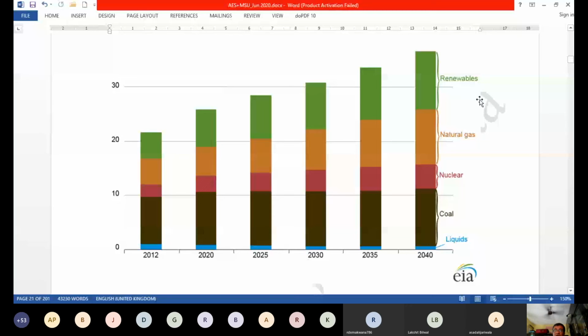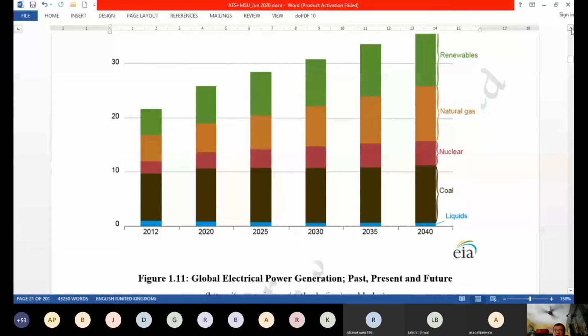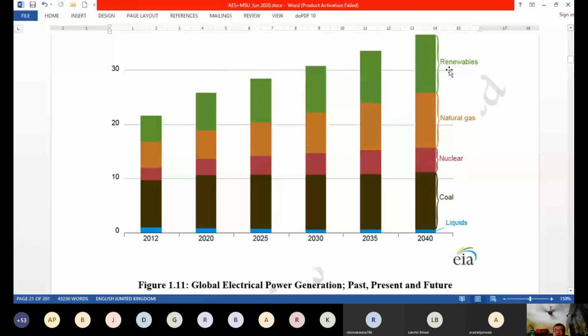So as you can see, in future renewables will play more and more important role in electrical power generation. You know that solar is getting more and more importance, and so is wind and biofuels. Okay. And then natural gas is also becoming more important. Nuclear is also slightly growing, and coal has also grown a bit.